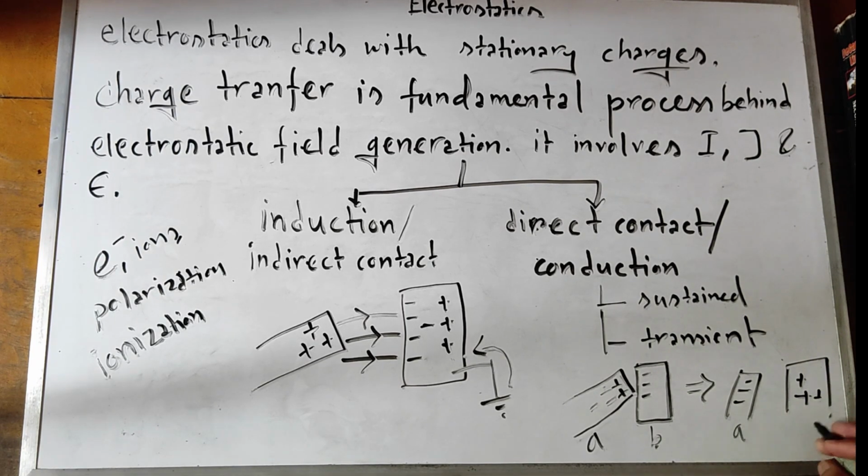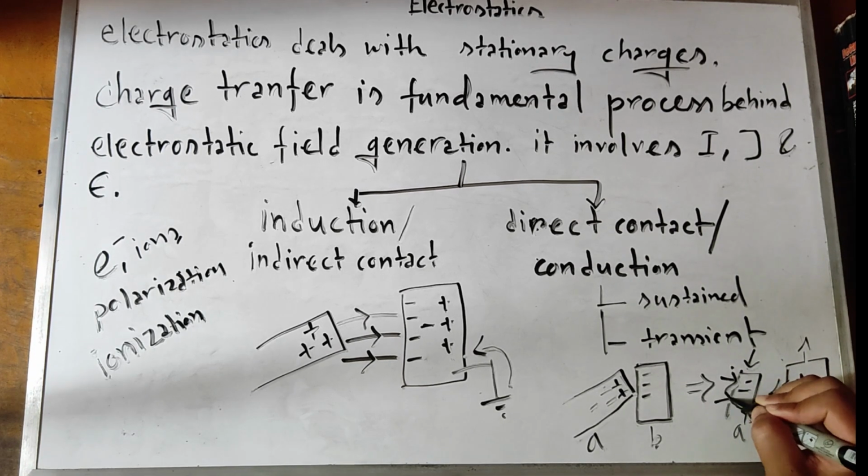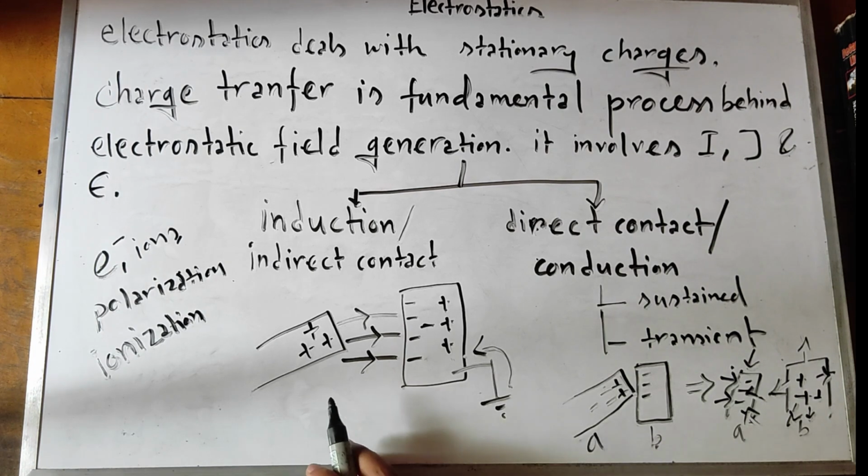So this is the electrostatic field generation via conduction. Sorry, this is divergent, and this is the electrostatic field generation via induction.